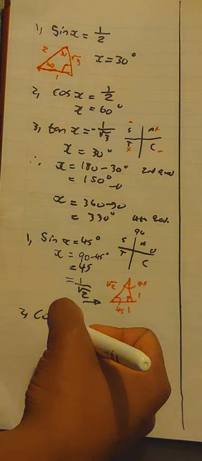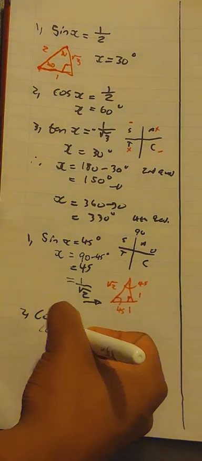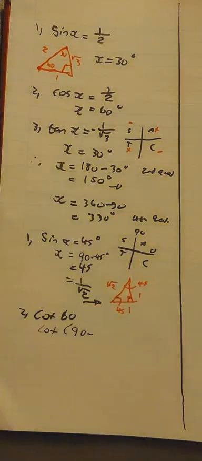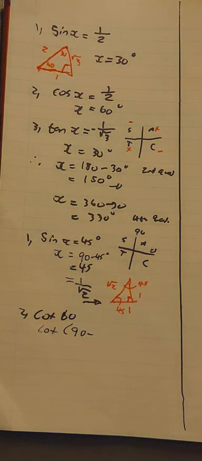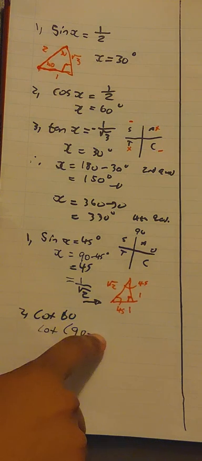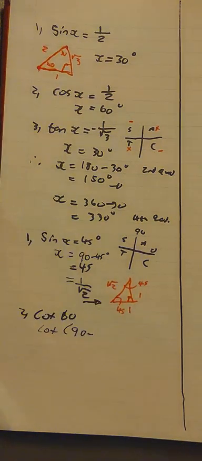Okay, guys, let's just solve this. Cot is equal to 90 minus something to give us 60. We must subtract the number that can give us 60 when we subtract it from 90.